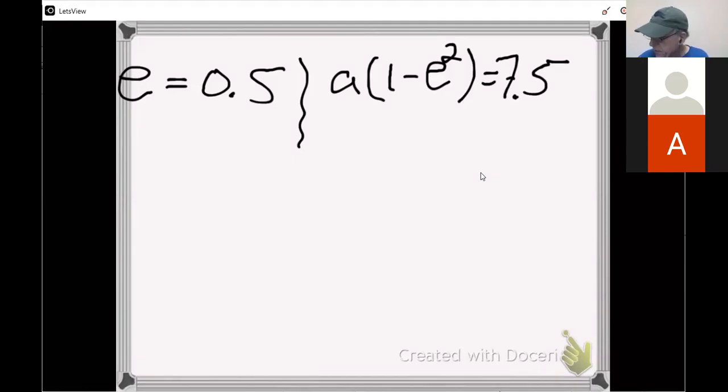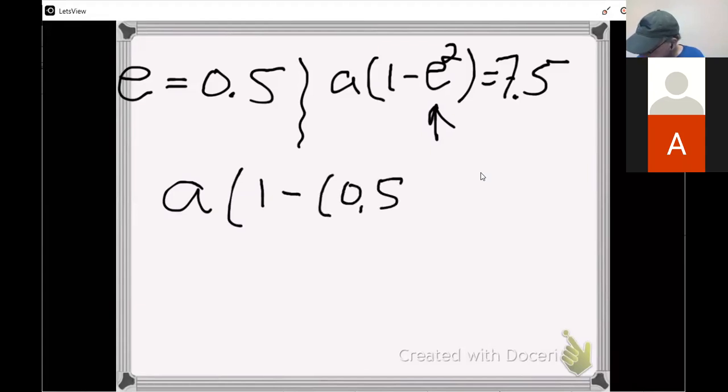I'm going to put 0.5 where we see E in this equation over here. So we're going to get A times 1 minus, writing this in parentheses, 0.5 squared equals 7.5.